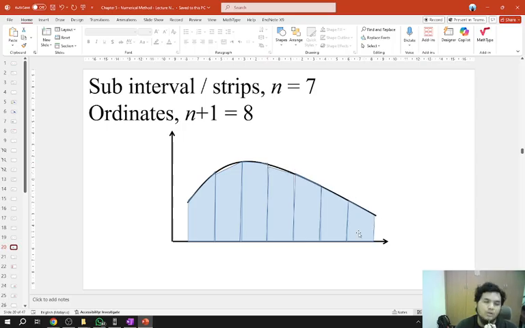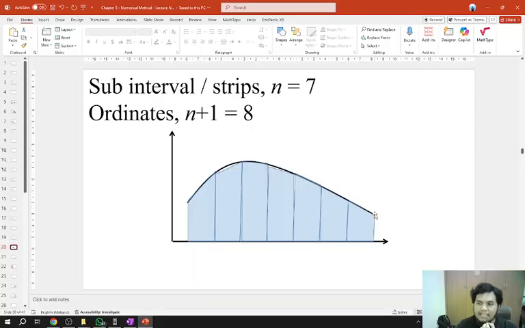Or in other words, I can say also we have y naught, first point, y1, second point, y2, third point, y3, fourth point, and so on and so forth until we have y7, which is the 8th point.